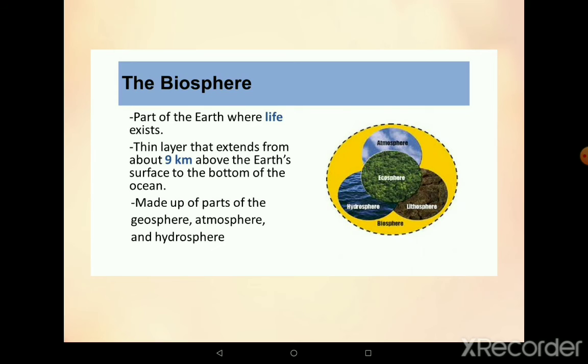When these three, atmosphere, lithosphere, and hydrosphere, interact with each other, a new sphere is formed, and it is called the biosphere. Most life is found near the surface or land where it is surrounded by air, in the biosphere.